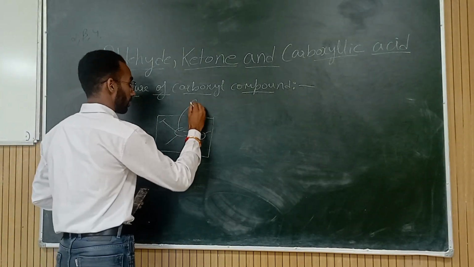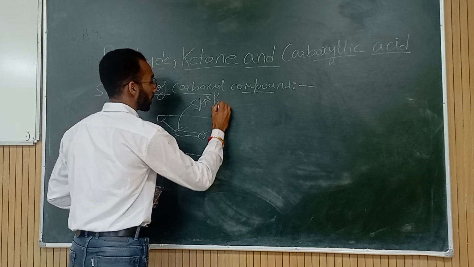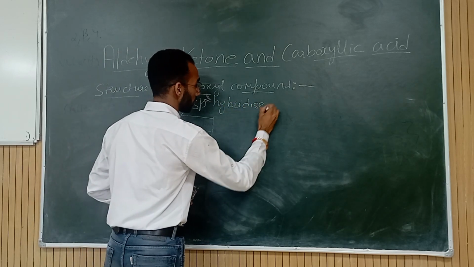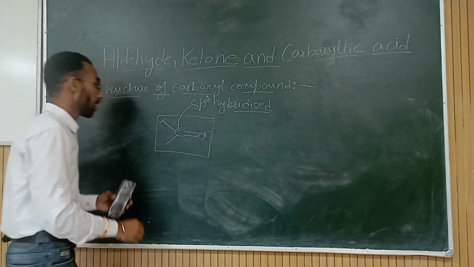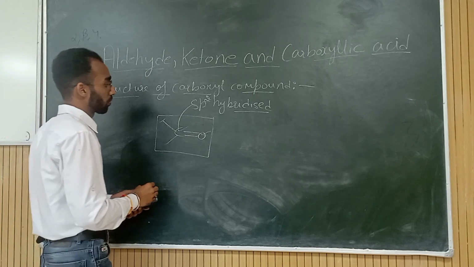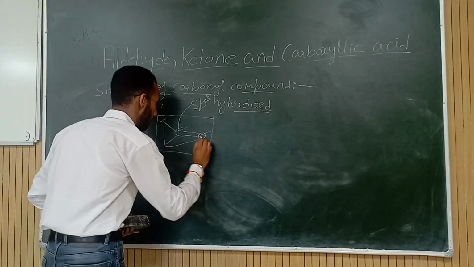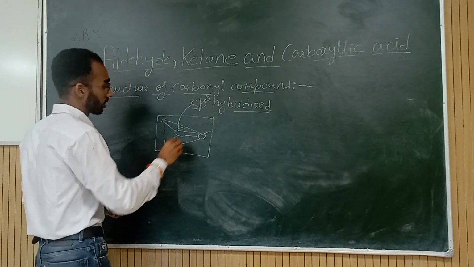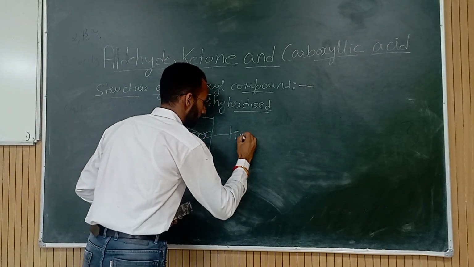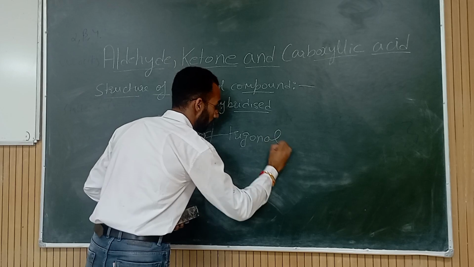Now this carbonyl carbon is sp2 hybridized. And which type of planar structure is there? This is a trigonal planar type of structure. It forms a nearly equilateral triangle, and that's why it is called a trigonal planar structure.